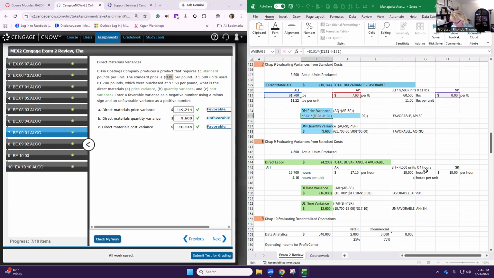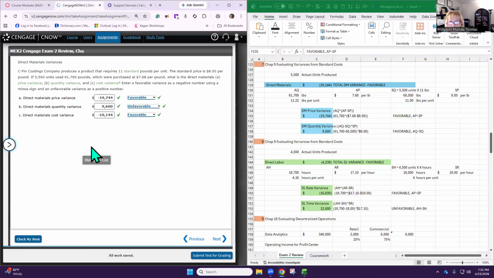And that is a favorable variance because it's negative. And the reason it is favorable is because actual price of $7.68 is lower than the standard price of $8. Okay, so I did put a reason beside there so you would know. So I put a negative 19,744.